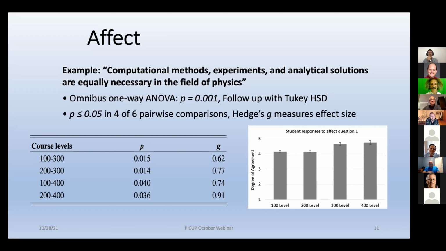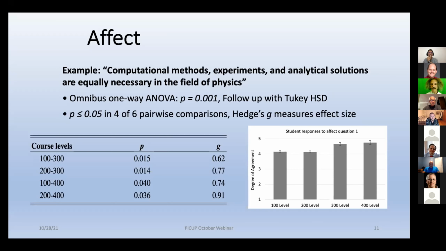So effect sizes in the 0.6 to 0.7 range are strong, and a 0.9 effect size is very strong. So basically what this data on the left is saying is that not only are these statistically significant differences, but they are comparatively large differences.